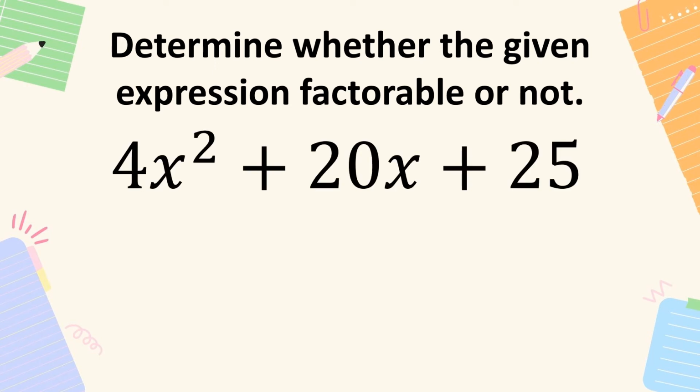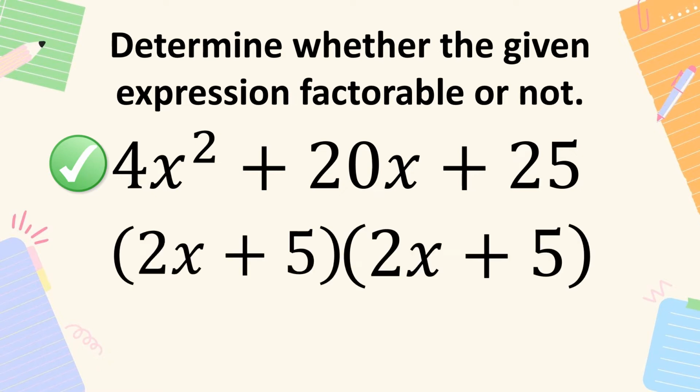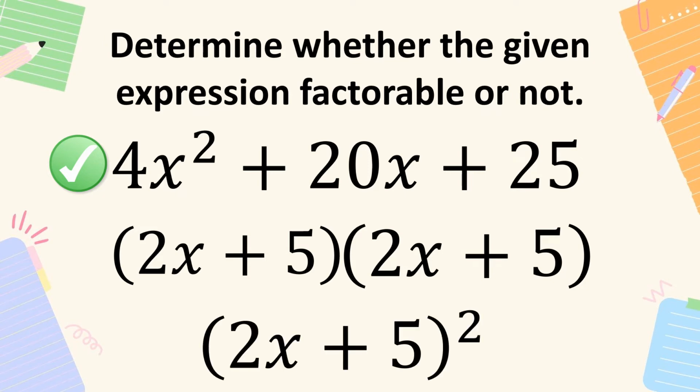Next, 4x squared plus 20x plus 25. This expression is factorable. Its factors are 2x plus 5 and 2x plus 5. Or we can simply write it as the square of the sum of 2x and 5.